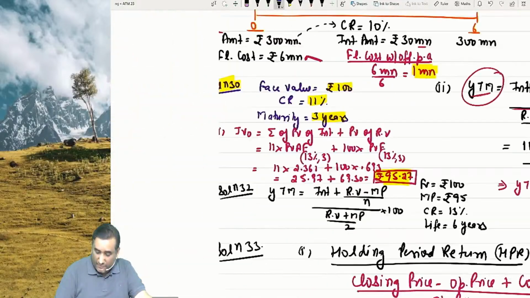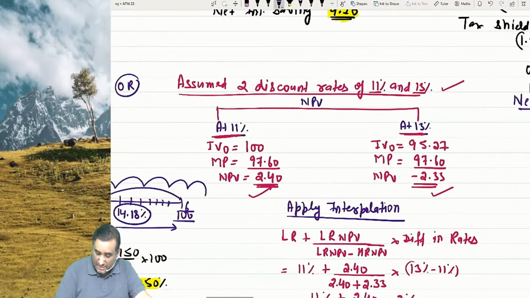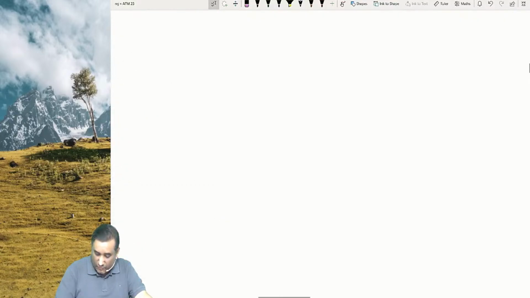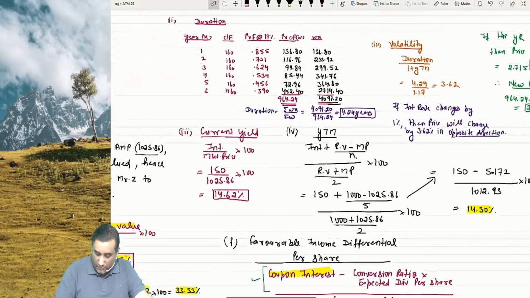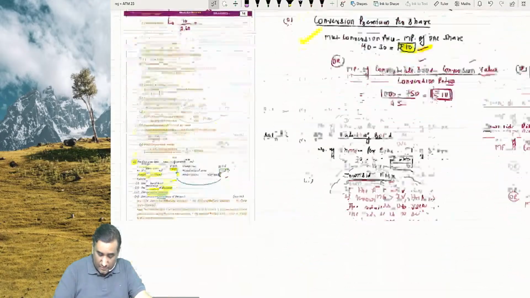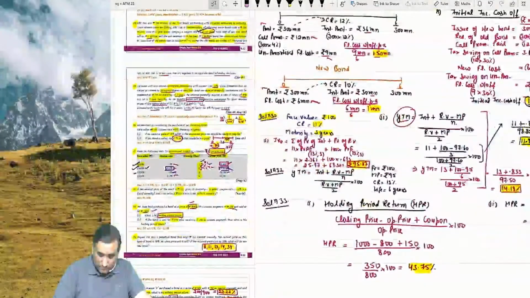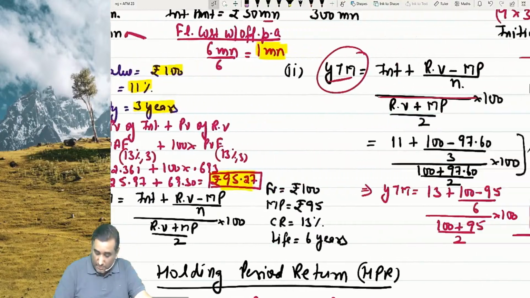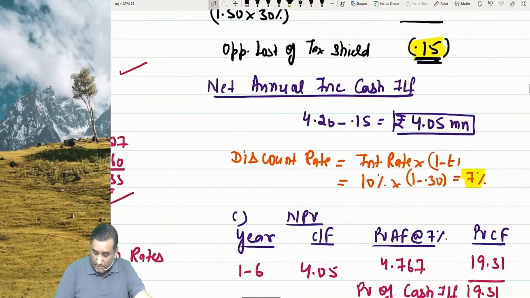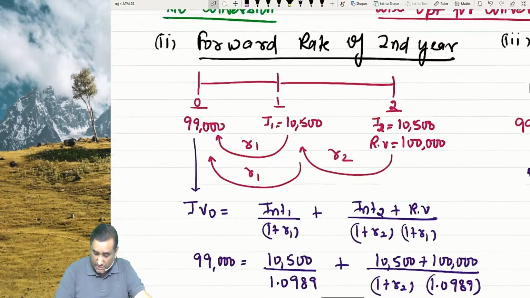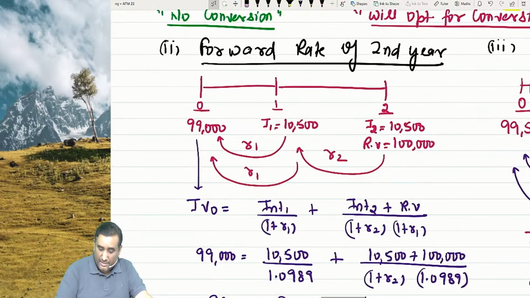So what we get from the second year graphical presentation is forward rate of second year is, I'm standing in the 0 period.